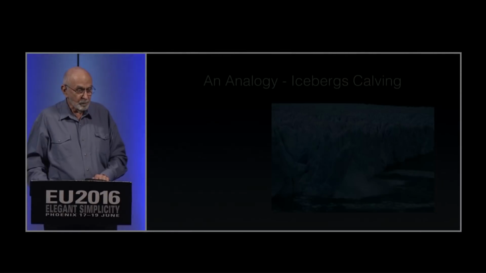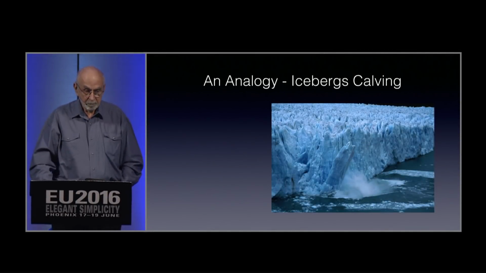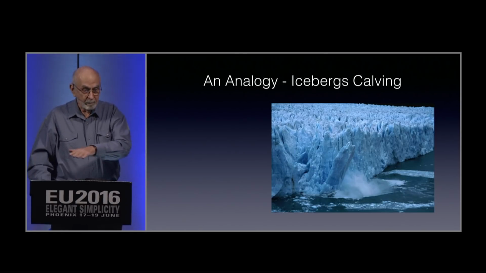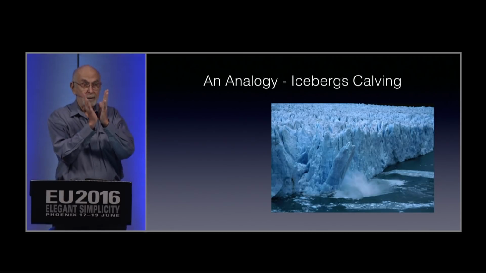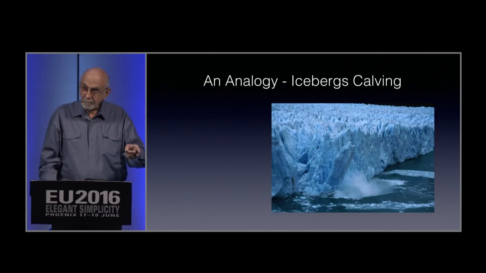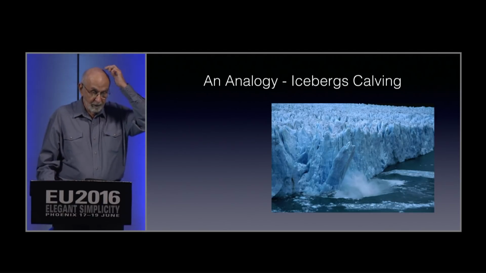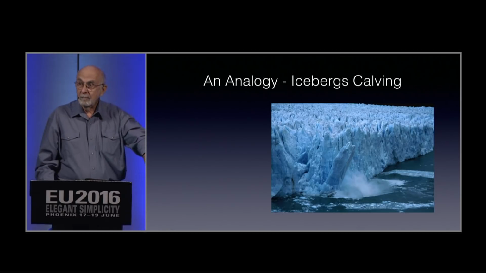The analogy, of course, is the calving of icebergs. You get a glacier, and you've got the ocean or wherever that water is out there, and these things eventually break loose and fall in. In this case, this guy that's falling, in the process of falling in, is not pushing on anything.